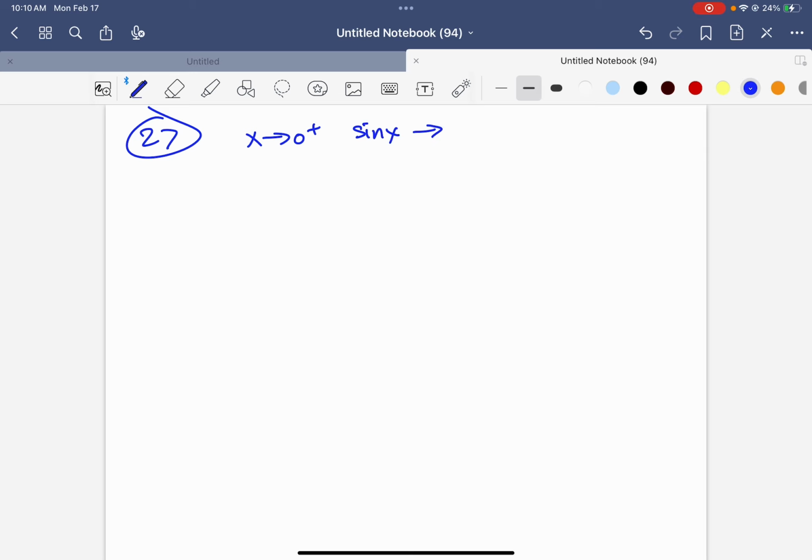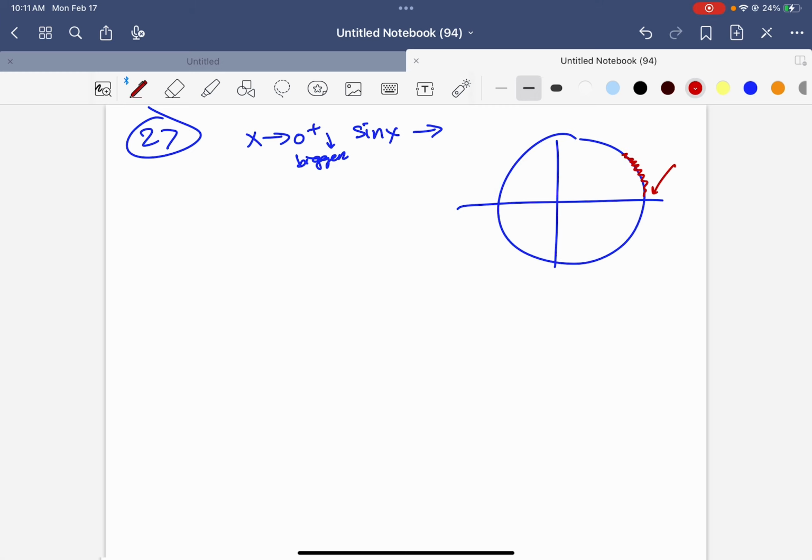Now remember, from the right means bigger than 0. So as I come in bigger than 0, coming this way, closer and closer to 0, what does my y-coordinate want to do? As I'm going this way, my y-coordinate wants to be 0. It should be really clear.